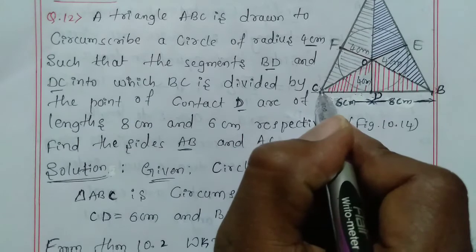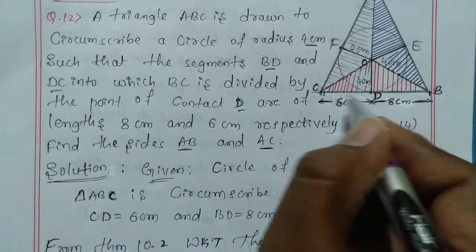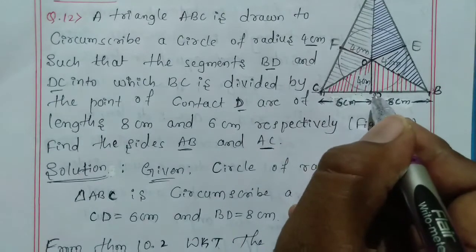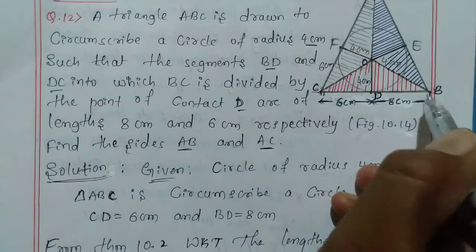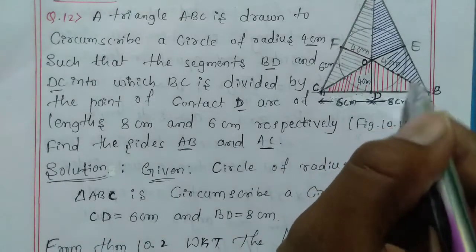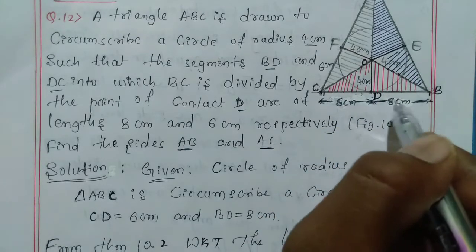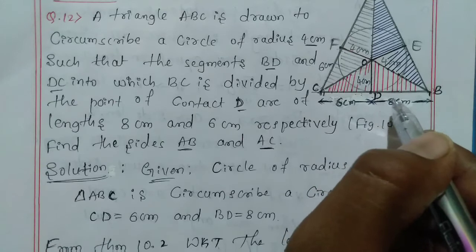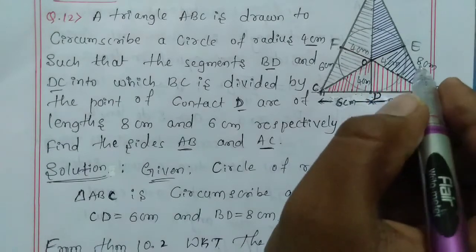This theorem says these two tangents are equal. If this is 6 centimeter, then this is also 6 centimeter. Similarly, this is the external point and these two are tangents drawn to the circle. Here we already know this tangent length is 8 centimeter and this is also 8 centimeter.